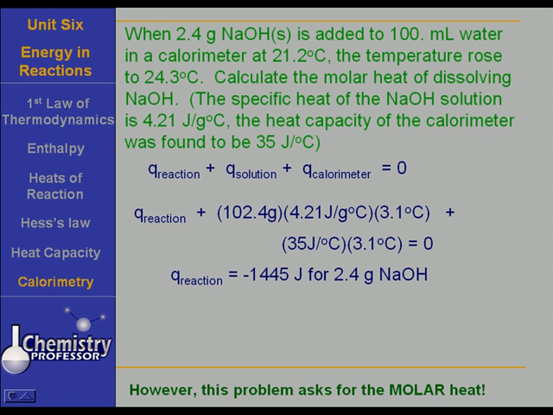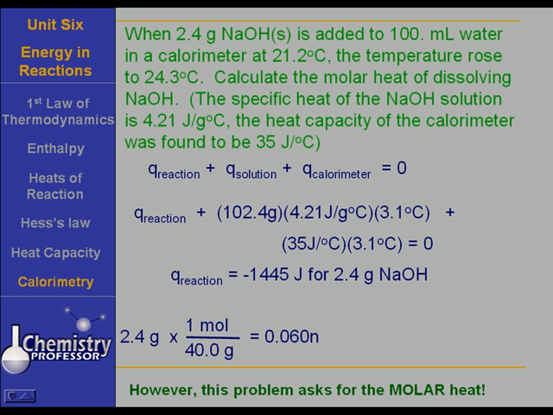But the problem asks for molar heat, folks. So take your 2.4 grams of sodium hydroxide, find out how many moles that is. It's 1 mole over 40 grams. That gives us 0.060 moles of sodium hydroxide.